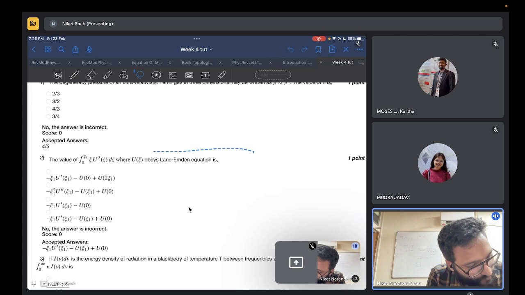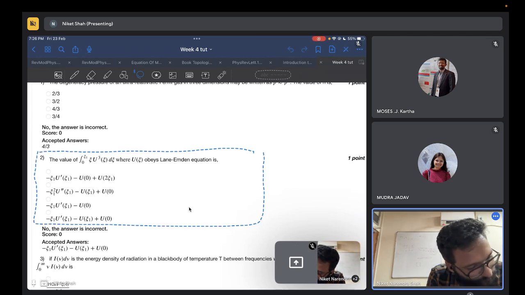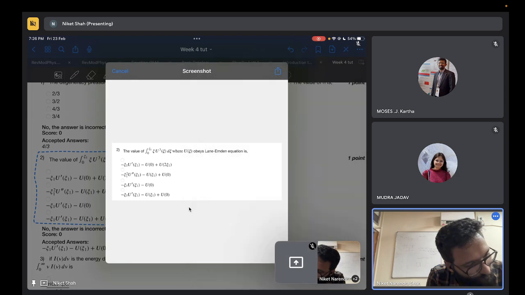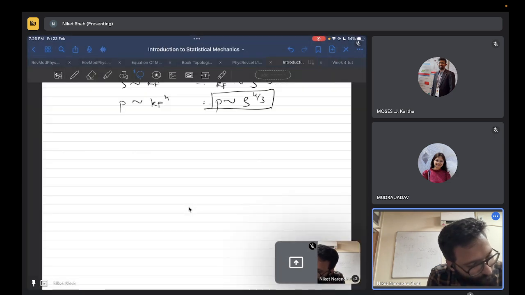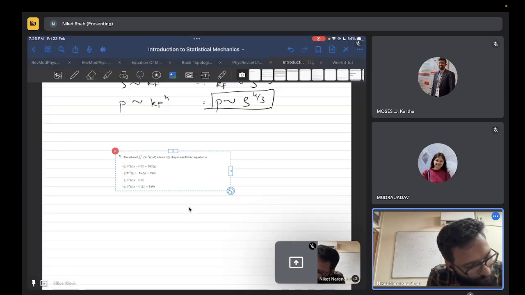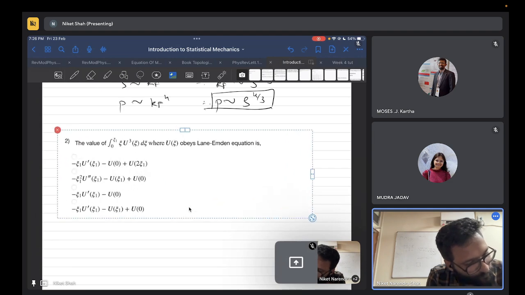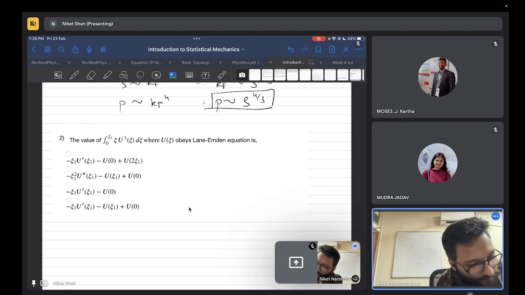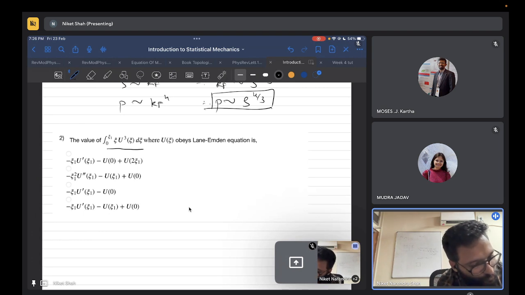So this is the second question. All right. So in this question, we are told to find the value of this quantity where u of xi obeys, actually, I don't know what you call this Greek letter.